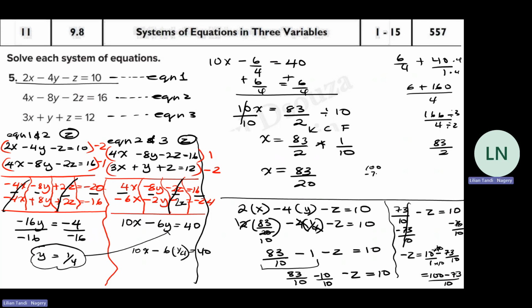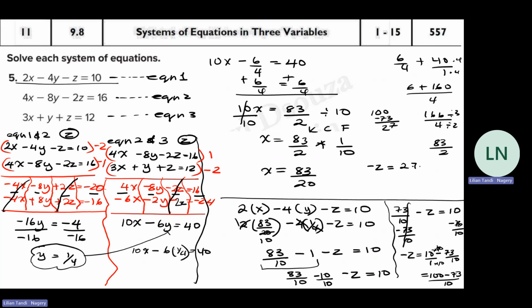What is 100 minus 73? 100 minus 73 is 27. So negative z equals to, I just forgot what I did, 100 minus 73, 27.